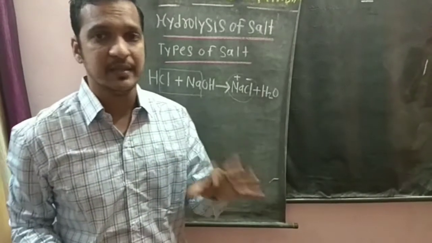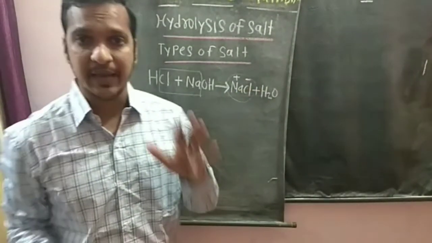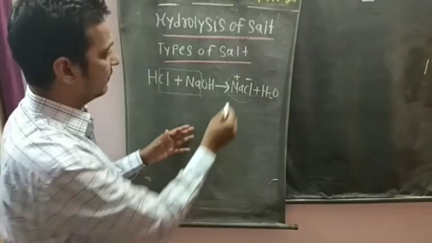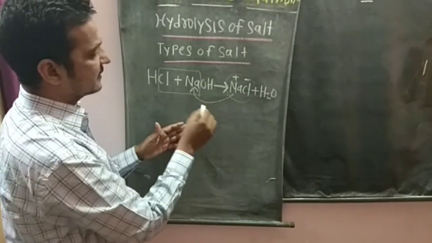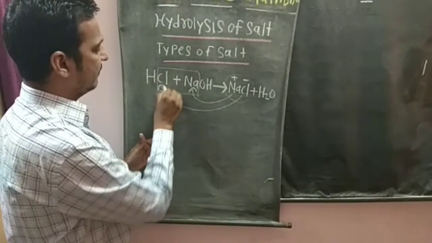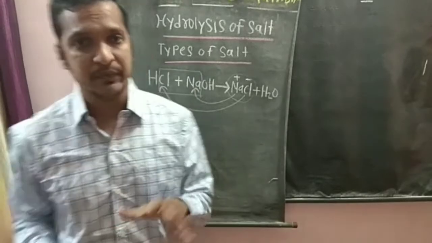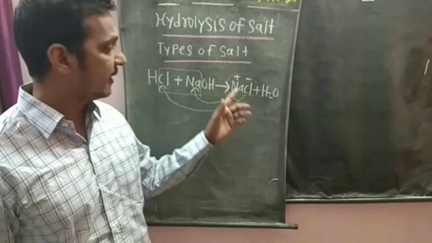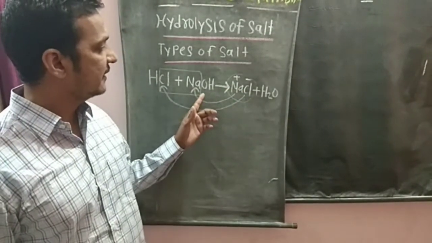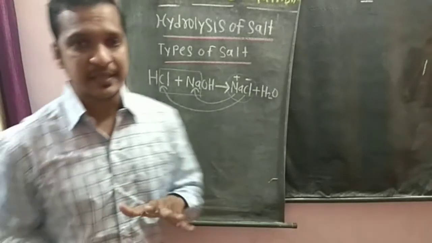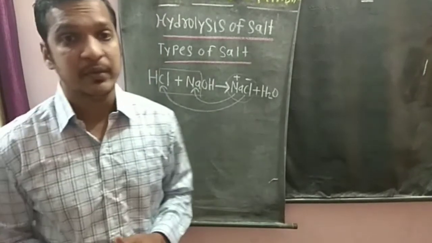So salt is defined as a compound which contains cation and anion, cation from base and anion from acid. And this is also called a neutralization reaction.